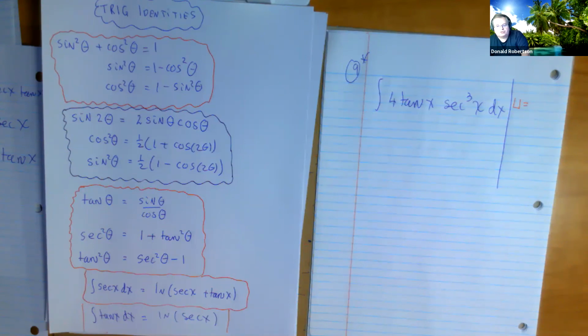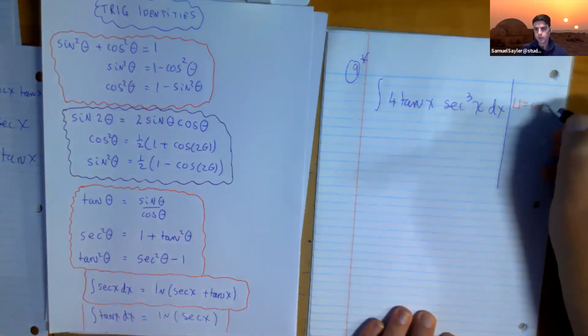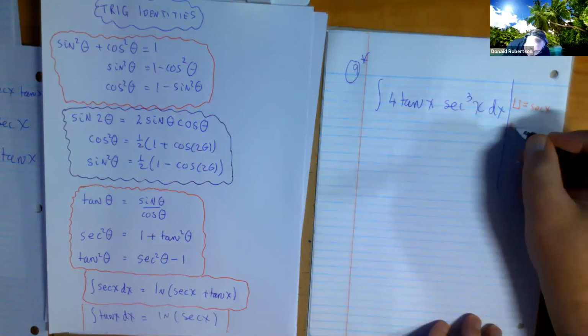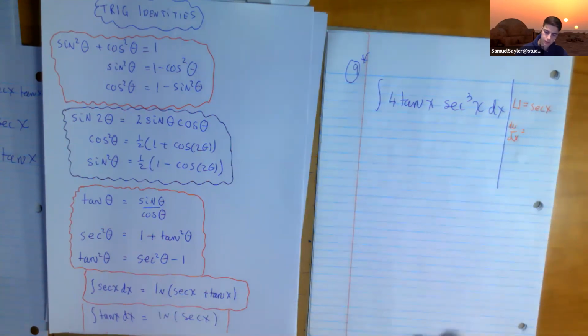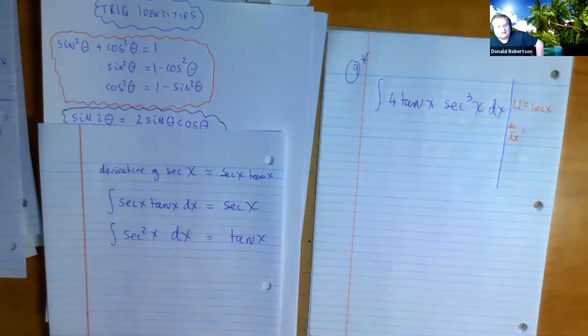Who is the u sub for this particular one? Secant x. Correct. Now, if you differentiate with respect to x, remind you again, what's the derivative of secant x?